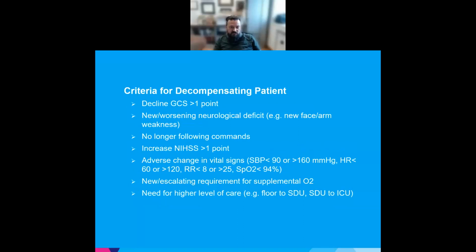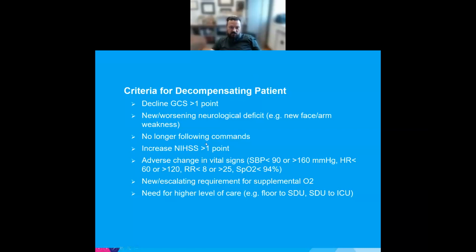So again, we went over the criteria for a decompensating patient, but anybody that has a decline in their Glasgow Coma Scale of more than a point, or has a new or worsening neurological deficit, so a new face or arm weakness, no longer following commands when they were following commands consistently before, an increase in their NIH stroke scale, an adverse change in their vital signs, becoming newly hypotensive or hypertensive, low or high heart rates, a new arrhythmia, things of that nature, low respiratory rate, high respiratory rate, new hypoxemia that wasn't there before, a newer escalating requirement for supplemental oxygen, and need for a higher level of care.